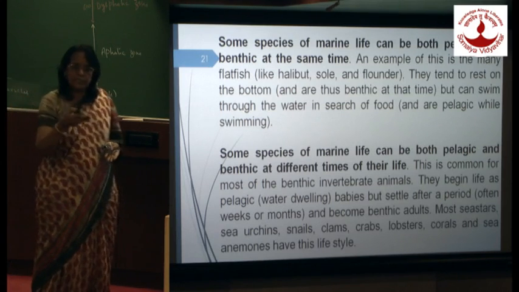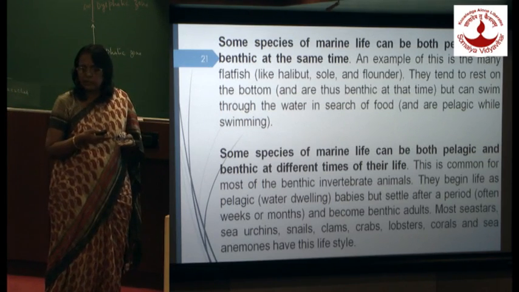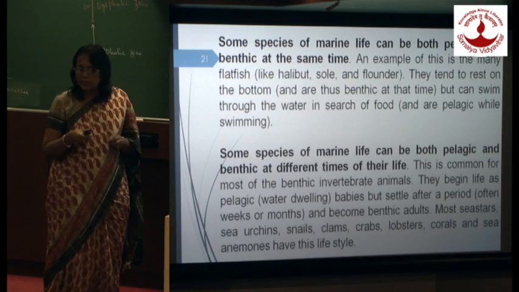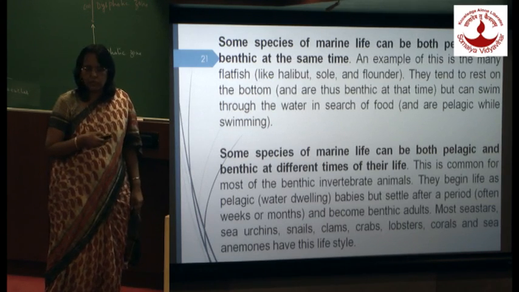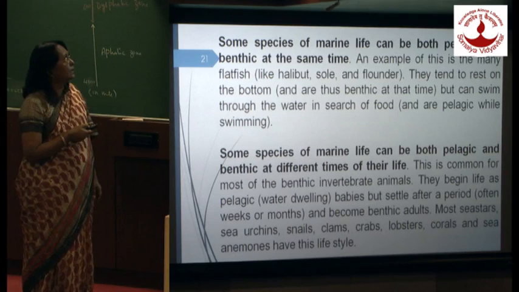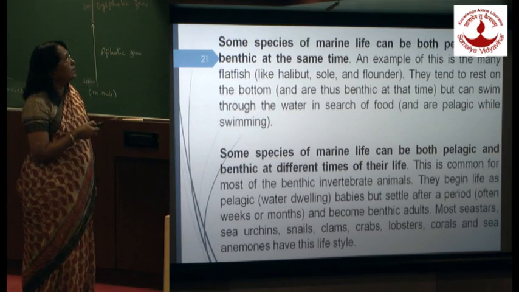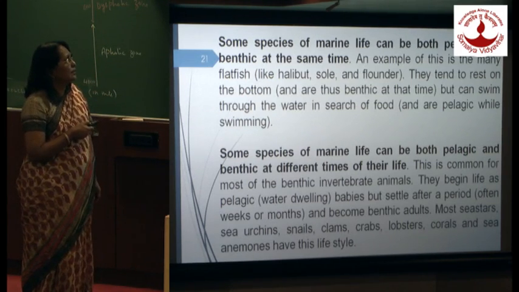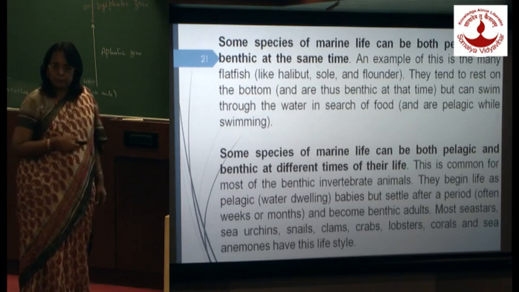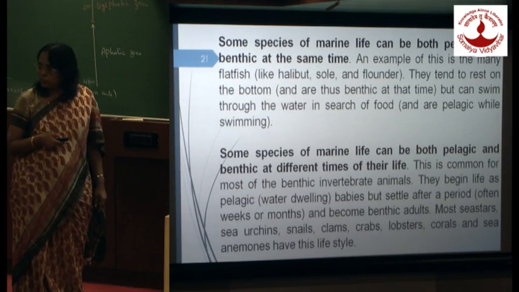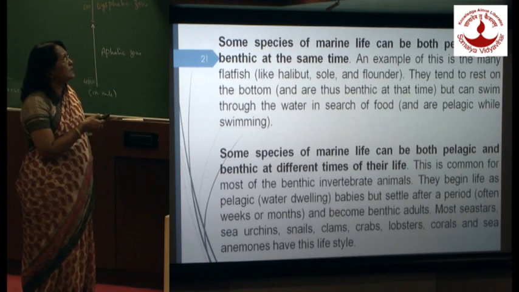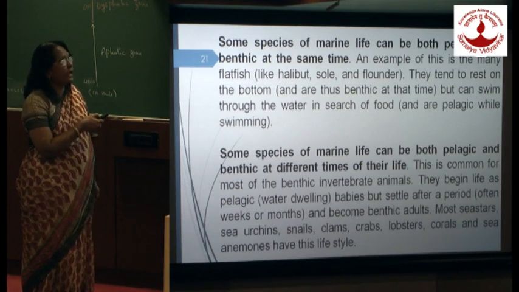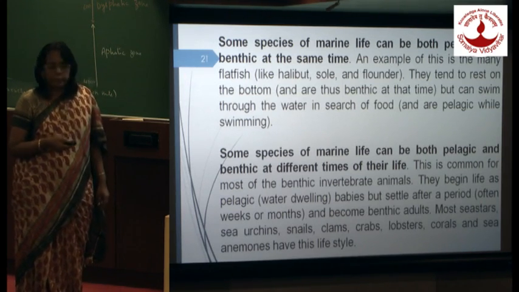You will find the upper side is colored, underside is not colored. Both eyes present on the same side. Now these are the adaptations for their bottom dwelling. Now they tend to rest on the bottom, but they come up in search of food. So here these are the species, they have both pelagic and benthic lifestyle.